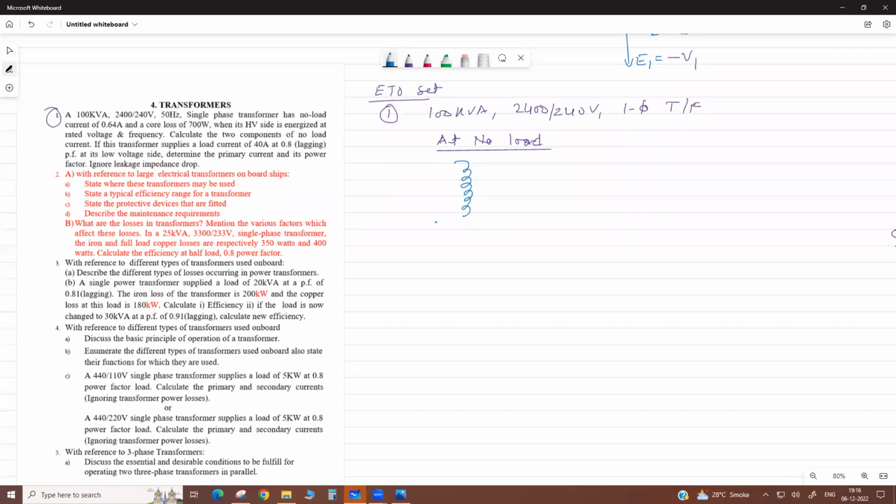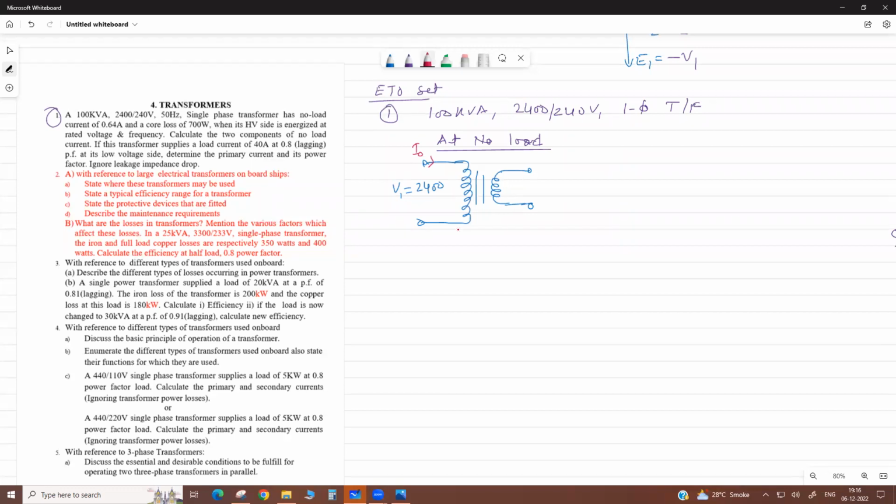This is your primary side. Here you apply the HV side, which is 2400, and the secondary side is kept open. Then this transformer takes only I naught.